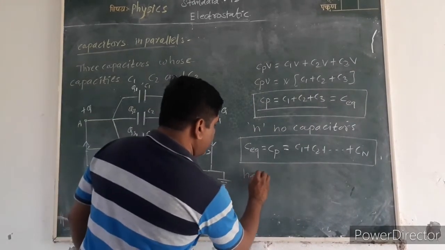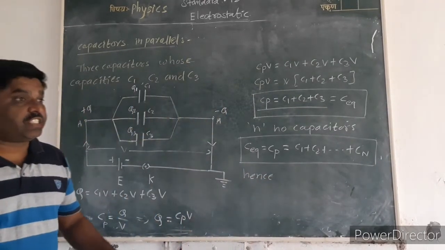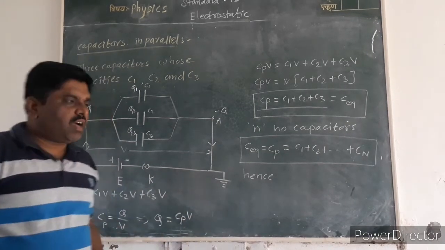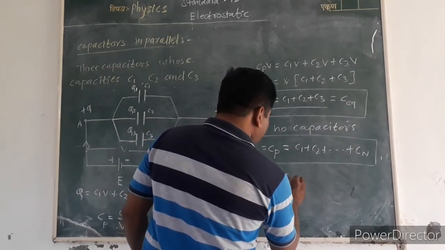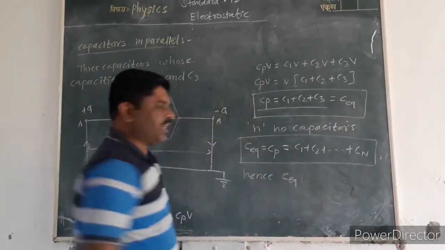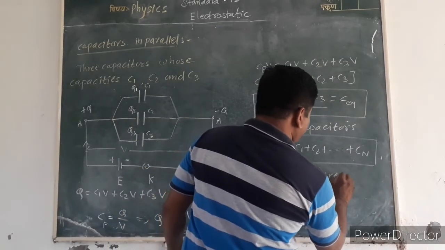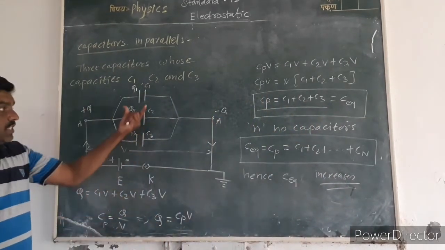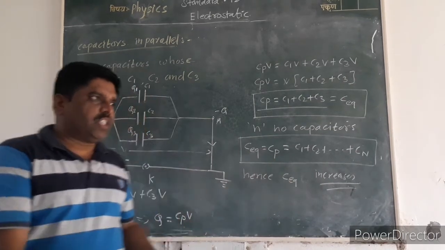Hence, when a number of capacitors are connected in parallel, the resultant or equivalent capacity will increase. And if these are connected in series, the resultant or equivalent capacity is decreased.